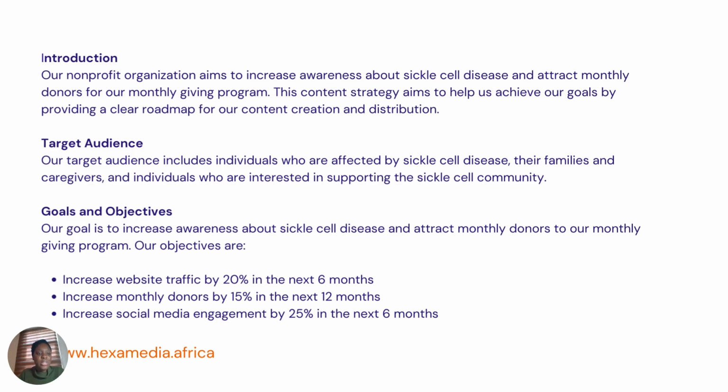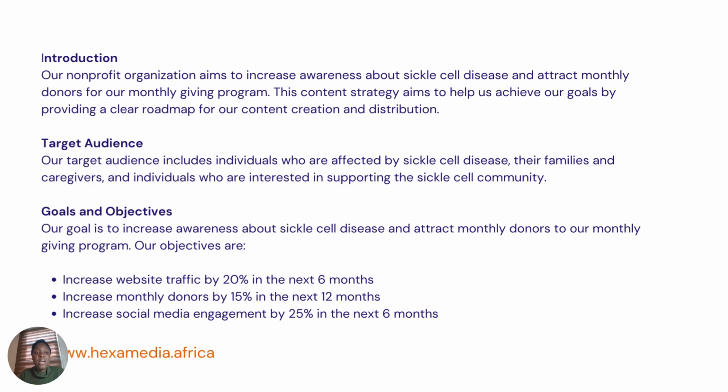So the target audience are individuals who are affected by sickle cell disease, their families, caregivers, and individuals who are interested in supporting the sickle cell community. So they have identified their target audience in very simple, put together terms. And then we have the goals and objectives to increase awareness and attract monthly donors.